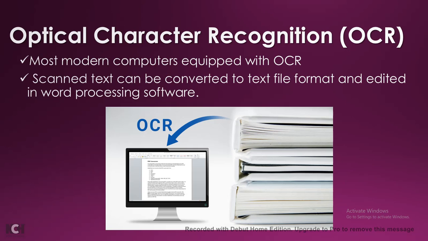But OCR software used on scanned text can convert it to a text file format and edit it in any word processing software, like MS Word. So this is the 2D scanner, and we have also discussed OCR.